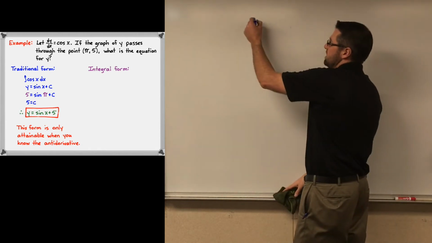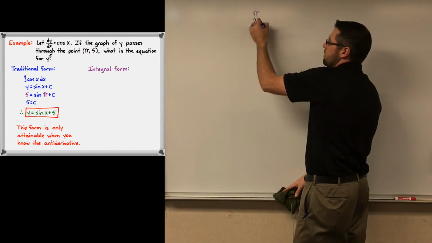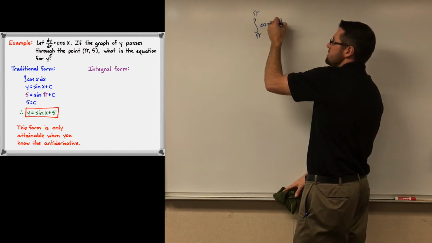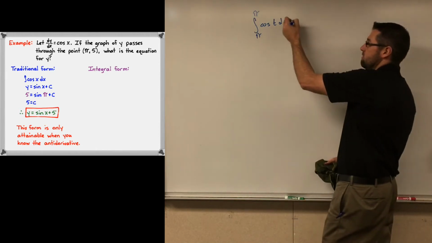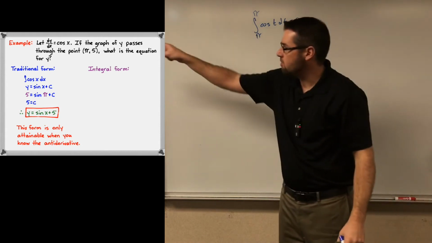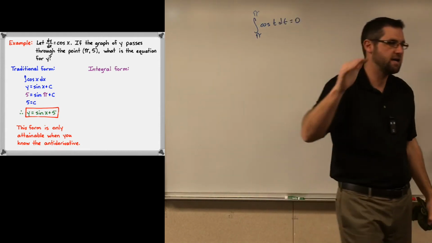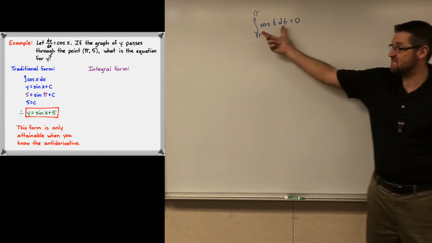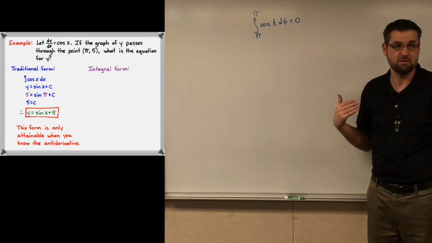What if I were to say the integral from pi to pi of cosine of t dt? What do you know that is? That's a 0 value. But wait a minute. Back in our problem, it said that this curve, whatever it is, passes through pi comma 5. What does this thing pass through? Pi comma 0.